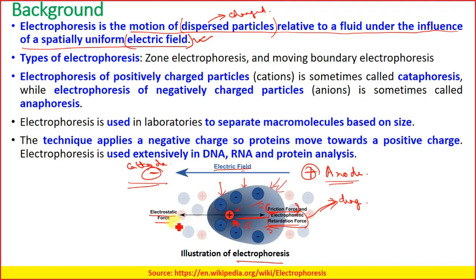towards the cathode. Okay, so you can see that there are two types of forces which come into play during the movement of the charged particles within a system. Now, if you look over here, these forces are also dependent on the electrical field.